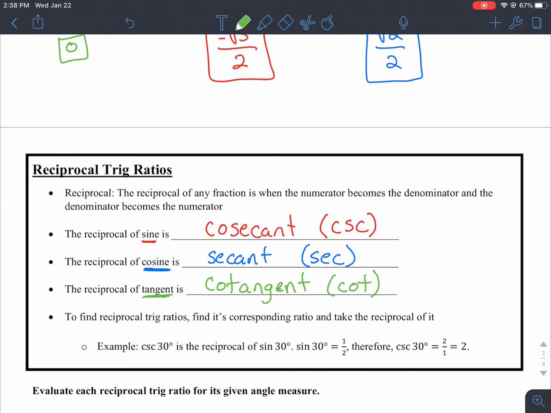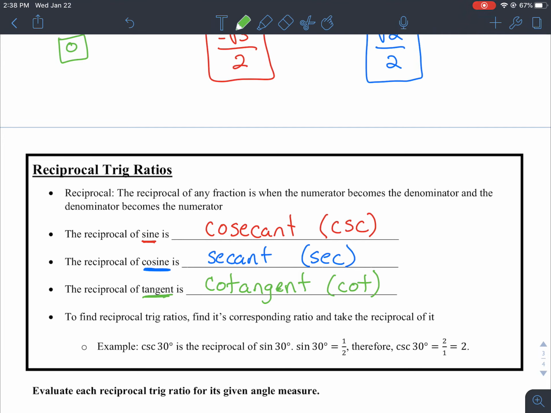Now, new words might seem a little intimidating, but really in the end, all we're going to be doing is the same stuff we were doing yesterday, but we're taking one more step, which is whatever the final answer is, we're just going to flip it or take the reciprocal of it at the end. Okay, and that's what that note says.